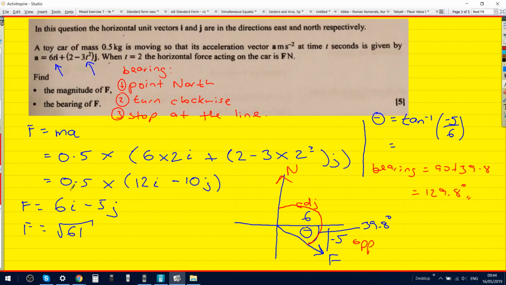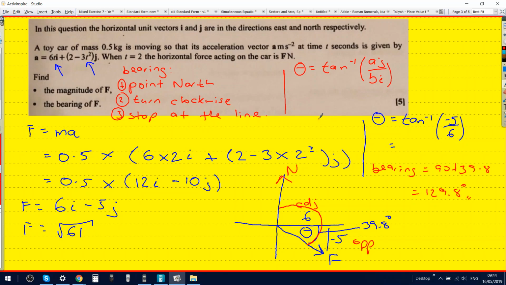Just work that out to get it as a vector, and then do Pythagoras to get the magnitude. And then for the bearing, to find the angle, it's always inverse tan of j over i. So theta is always inverse tan of the j over the i. Because the j is always the opposite and the i is always the adjacent.